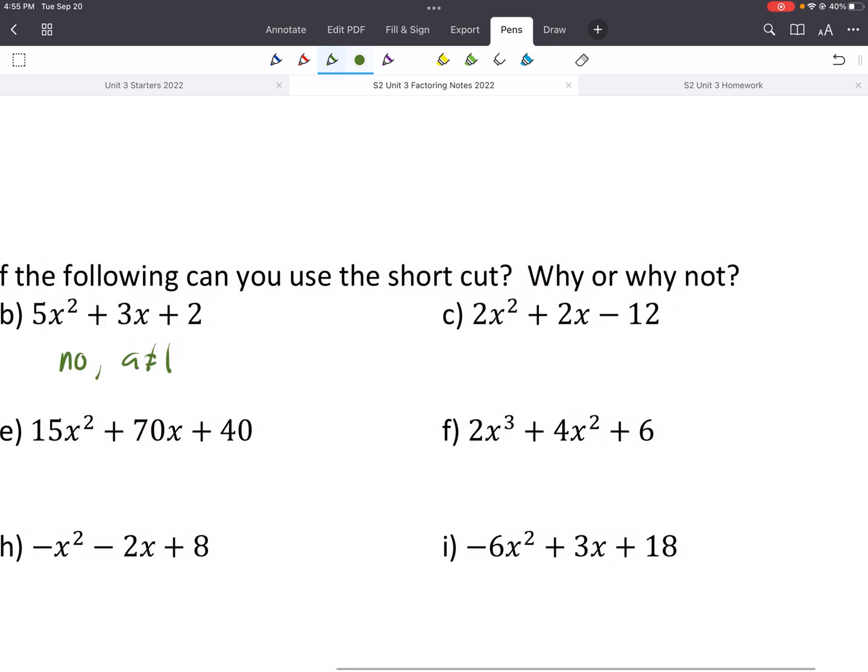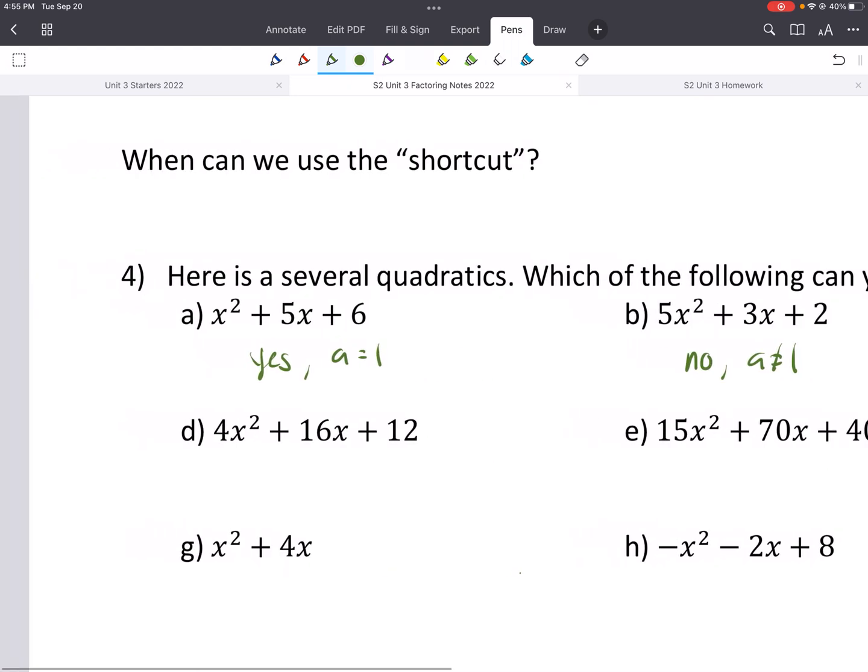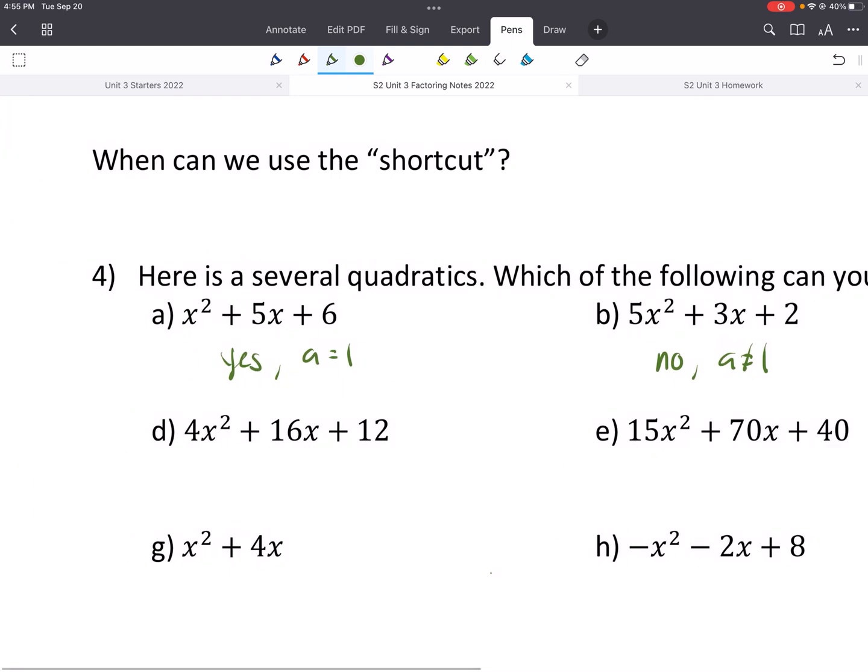Okay. This one, yes, after the greatest common factor of 2. So we can factor out a 2 from all of those terms. Okay. D, yes. I think the greatest common factor is 4.